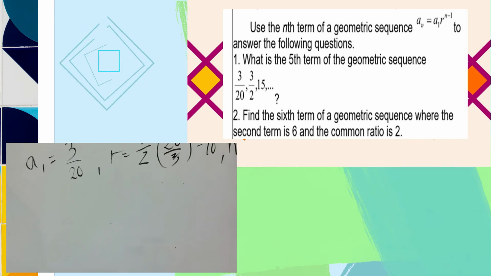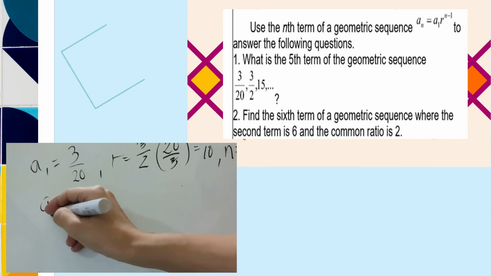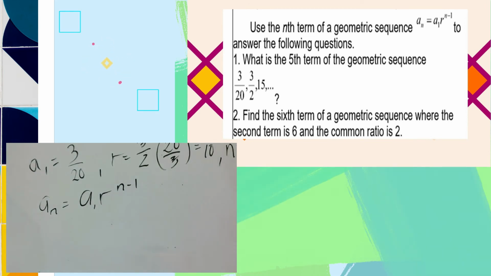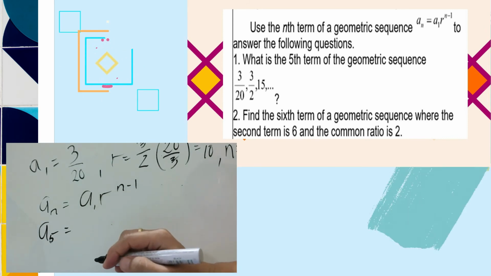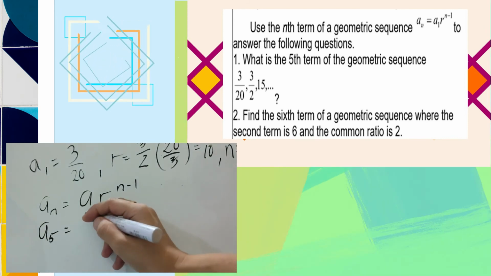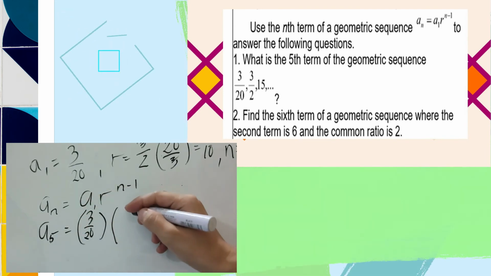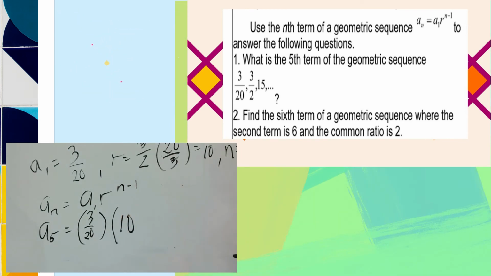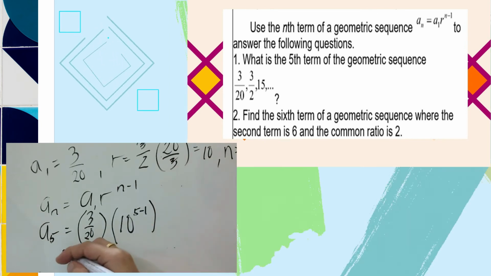And then the term that we are looking for is the fifth term. Let's have the nth term: first term times the ratio raised to the number of terms minus 1. So a sub 5 is equal to the first term, 3 over 20, times the common ratio 10 raised to 5 minus 1.